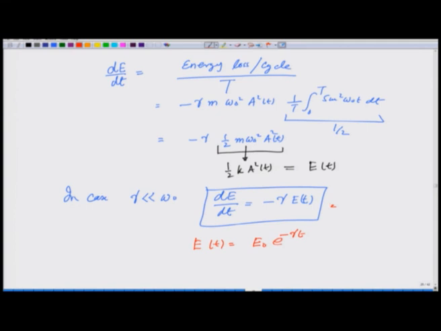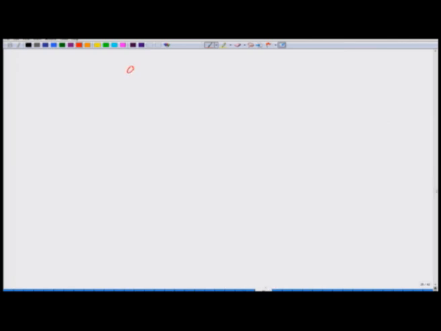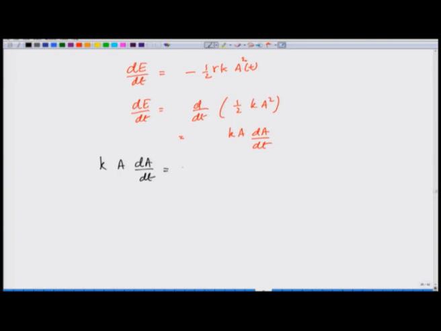Furthermore, now I also know how the amplitude changes, because my equation is dE by dt equals minus 1/2 gamma k A t square, and dE by dt is nothing but d by dt of 1/2 k A square, which is k A dA by dt, and therefore, I get k A dA by dt is equal to minus 1/2 gamma k A square.